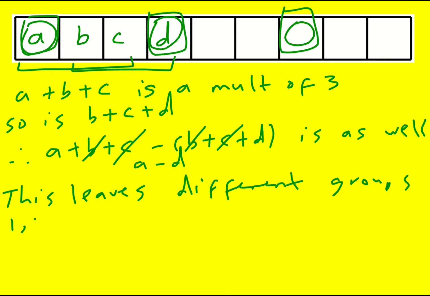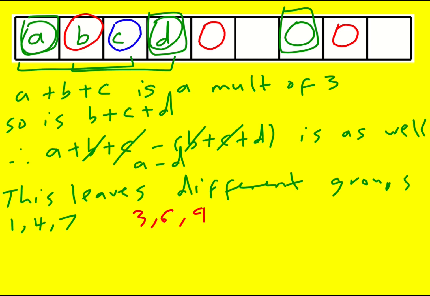And we're going to get 1, 4, and 7. And then these must be 3 different from each other. So we could have 3, 6, and 9. And finally, these must be 3 different from each other. Not 1, I've already dealt with 1, so 2, 5, and 8.